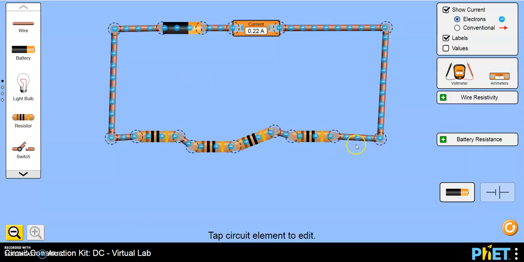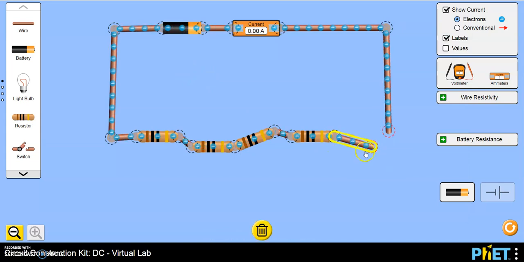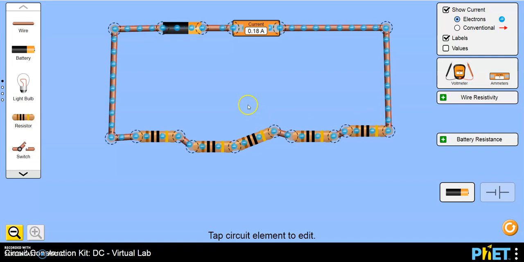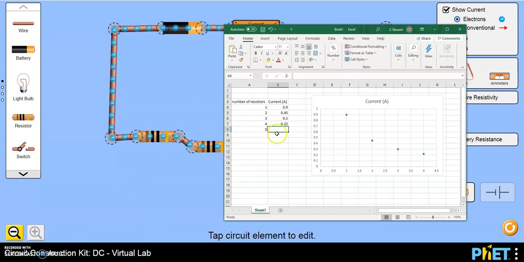And we'll do one more, we'll do a 5th resistor, all of the same value, and you can tell that by the different stripes. Those stripes tell you the resistance levels. You don't need to know that for your exam, just a little bit of information. And that's a current of 0.18 amps.